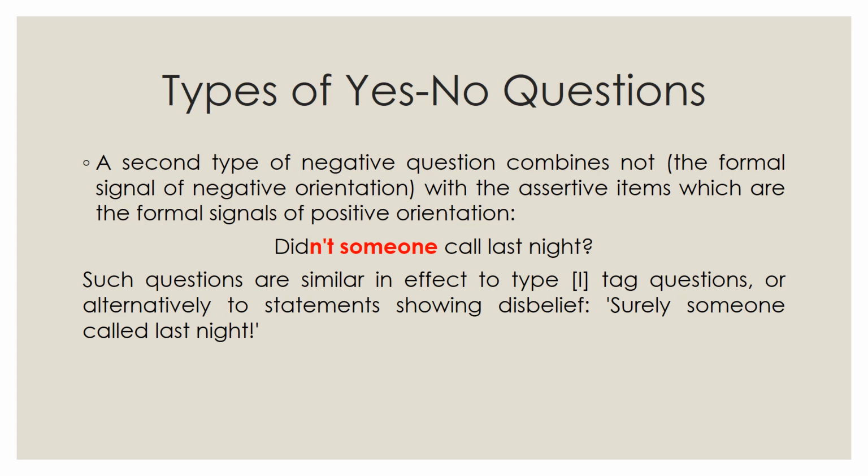So here we are having again two different points of view, the positive first and then negative. That's why we are expecting the answer to be no. We are sure that the answer is to be no, and such questions are not asked to get information, but only to show disappointment, disbelief, or annoyance.